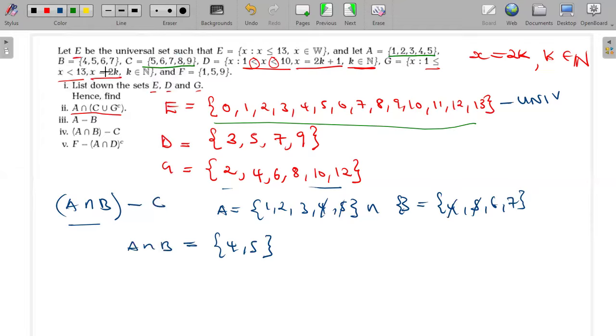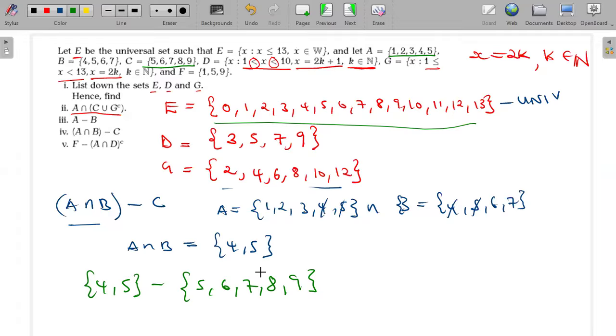A intersect B, we have 4, comma 5, like that. And then you have set C. The set C is listed as 5, 6, 7, 8, and 9. Now, let's look at the elements that are in A intersect B, but they are not there in that set C.